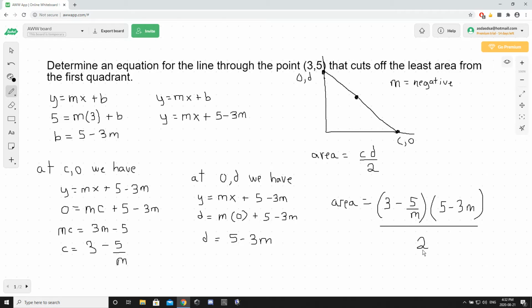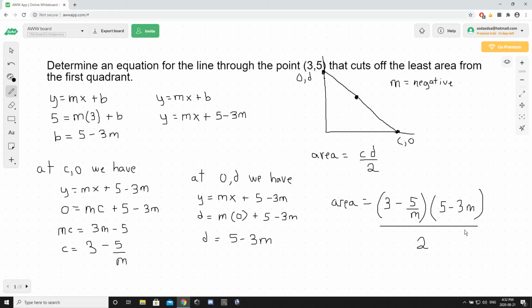Let's go ahead and expand this and then simplify it as best we can, because what's coming up is we're going to have to determine the derivative of whatever this equation turns out to be. The reason we're determining the derivative is so we can determine the critical points. Once you have the critical points, you can determine what is happening at them.